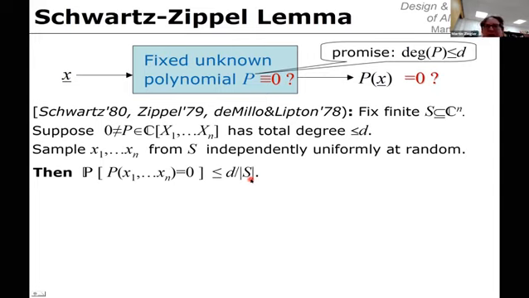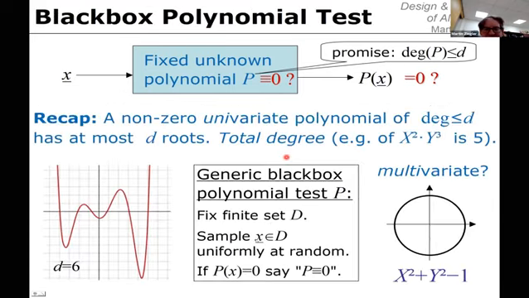There's one more thing I would like to emphasize. In our original generic test, we would just sample one argument from a fixed set D. So if we have an n-variate polynomial P, this means sampling one n-tuple argument, right? The argument should be an n-variate vector. In this example, one point in the plane means a tuple x, y.